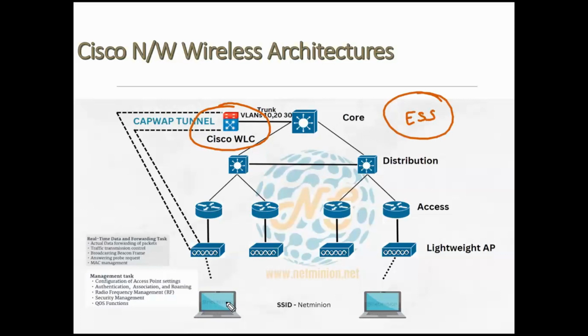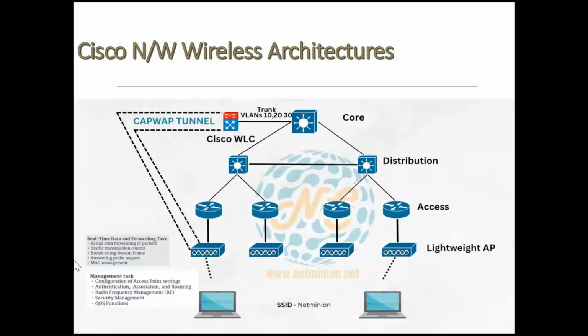Since the client information is available over here and also over here, this architecture is called split MAC. Why? Because the MAC is split between these two devices. Clear?